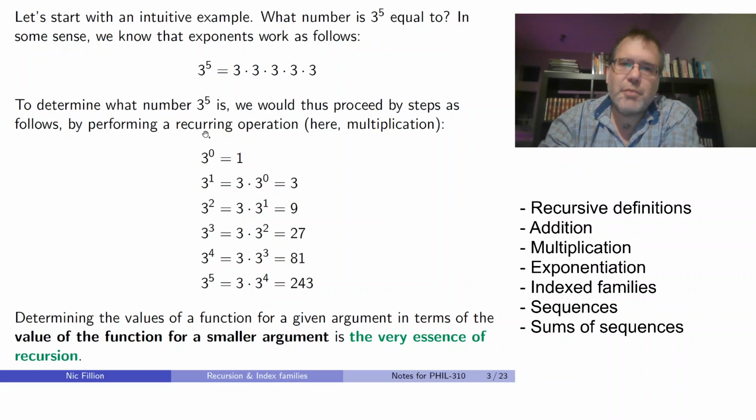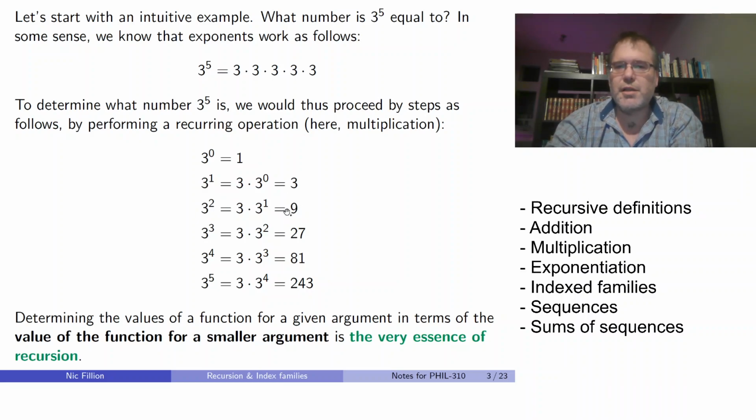So for 3 to the power, you start with exponent 0. 3 to the power 0 equals 1. Then you look at 3 exponent 1. That happens to be just 3, the base, multiplied by 3 to the power 0, the number that we have already calculated before, which is 1. So the result of 3 times 1 is just 3. Now, 3 to the 2 is again going to be understood in terms of multiplying 3 by the number that we just got on the last line, which is 3 to the 1.